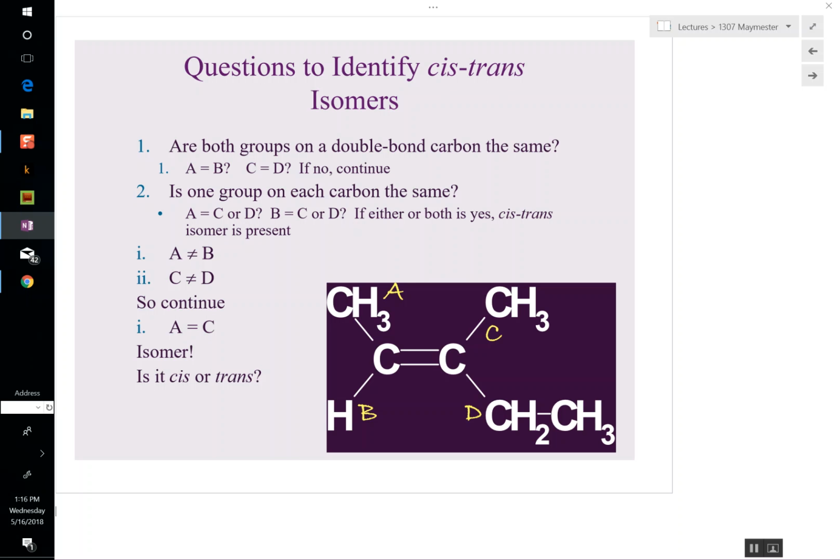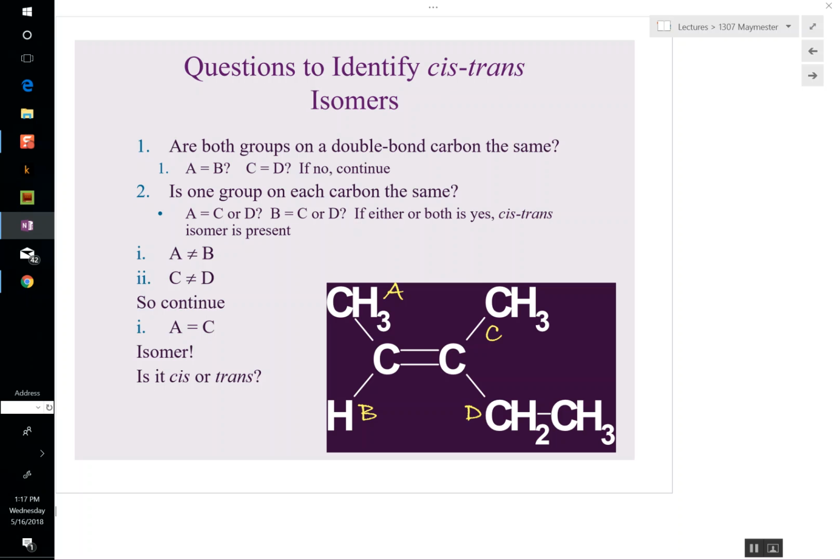So we'll go down through asking these 3 questions. If we ever get a yes answer, then we can just drop it and go on. We won't use cis and trans in the name. First question. We look at the carbon here and we ask, does this carbon have 2 different groups on it? Yes. If no, continue.